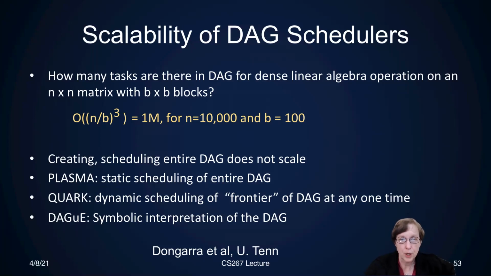In the shared memory case, just looking at the size of these graphs, if you've got an n by n matrix with b by b blocks, then you end up with n over b cubed tasks. So you can end up with a very large DAG to schedule. Creating that DAG upfront and then trying to schedule the whole thing, this NP hard problem, even with heuristics, tends to not be very practical.